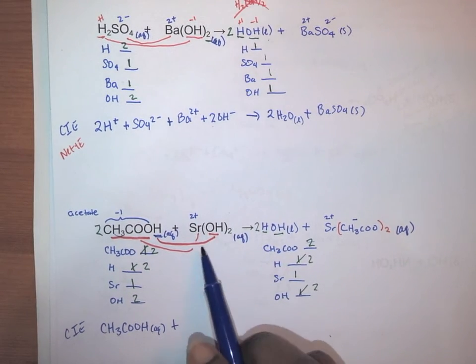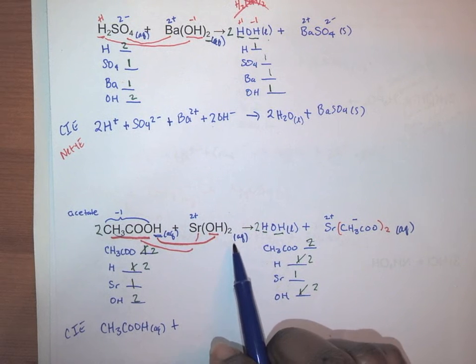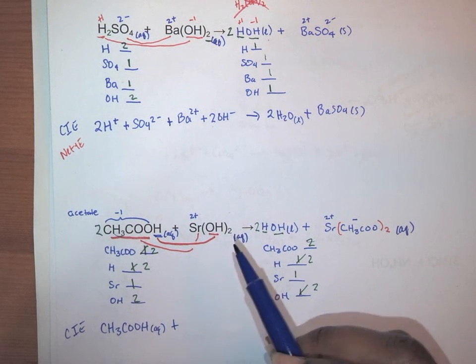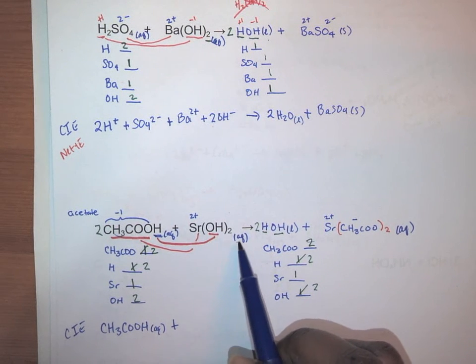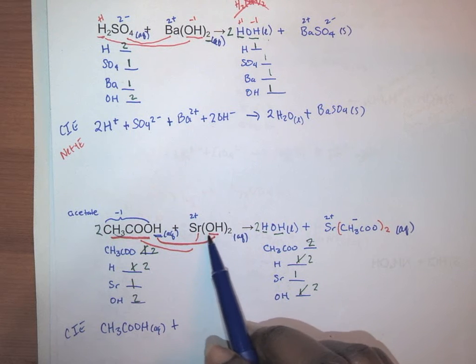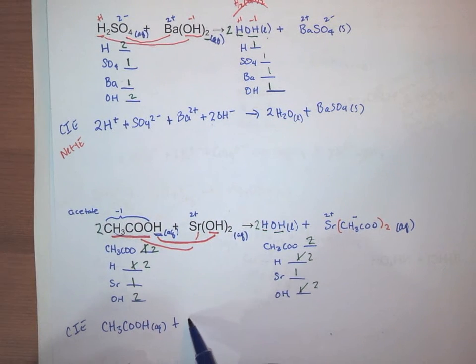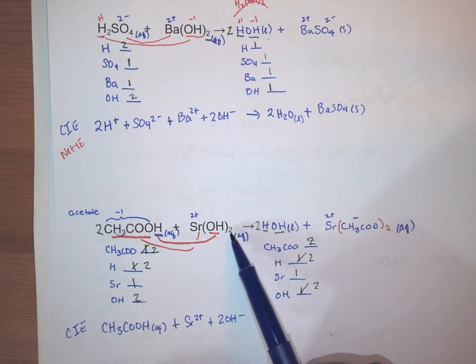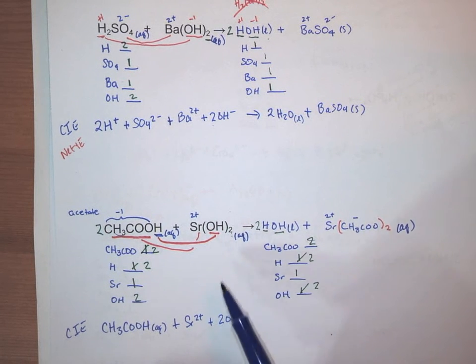All right, let's go to strontium hydroxide. That is not a strong base, that's an aqueous ionic compound. So for ionic compounds, the aqueous matters. It's aqueous, we can break it apart. And notice I put the 2 for the coefficient of hydroxide. The subscript that was outside the parentheses becomes my coefficient there.